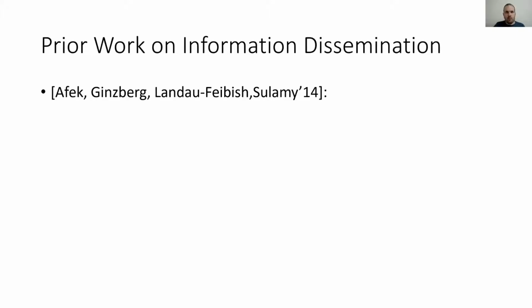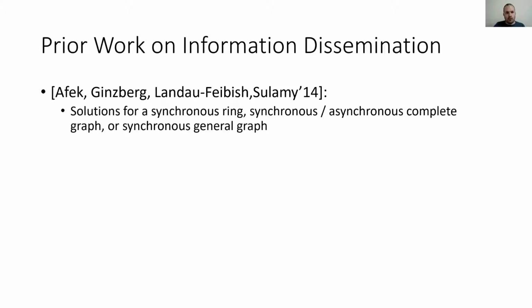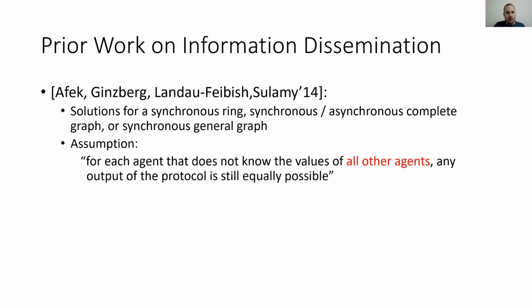Prior work that dealt with the information dissemination problem in game theoretic settings is Afek et al. They solved it for various network settings, but their assumption is that the player has no incentive to lie about his input unless he got all other players' input.